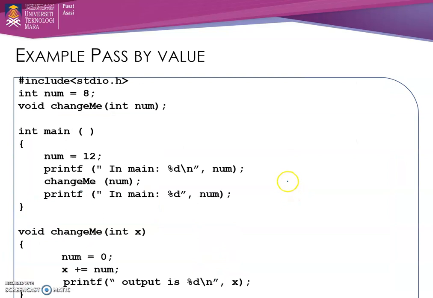Okay, now take a look at the next example of pass by value. This program has a global variable, where the value of num is 8.